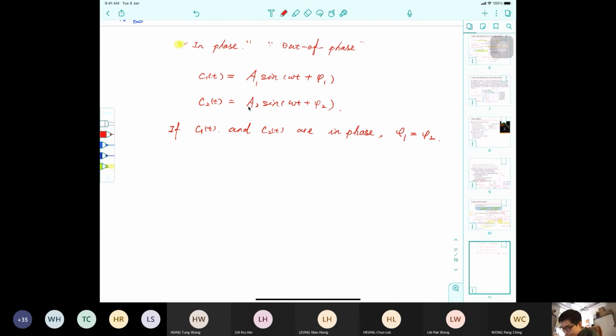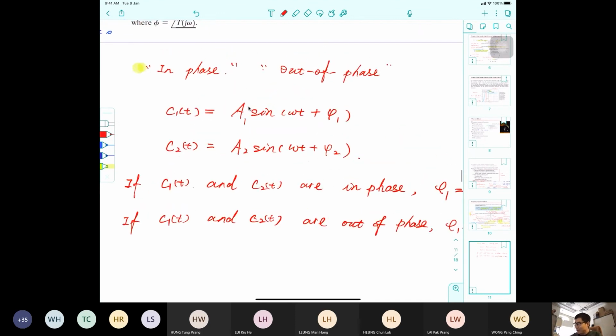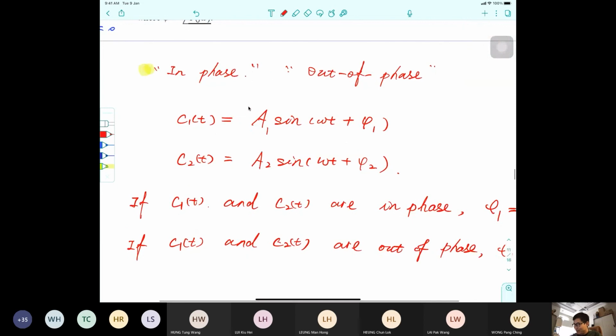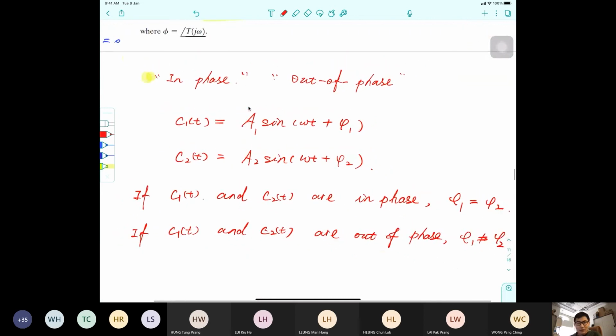If c1(t) and c2(t) are out of phase, phi 1 does not equal phi 2. Do you understand? Can you understand this definition? Hello, give me a response.